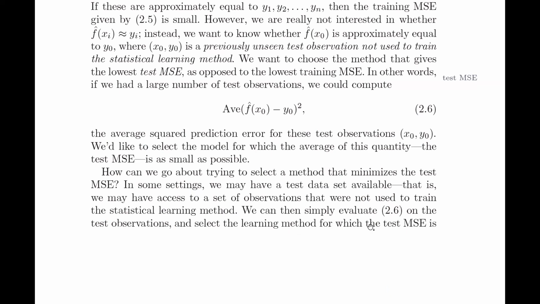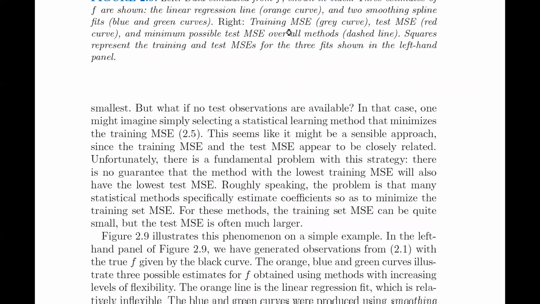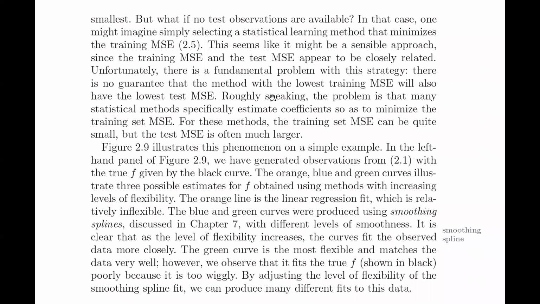We can then simply evaluate 2.6 on the test observations and select the learning method for which the test MSE is smallest, right? So you could try multiple models, and for each model, take the predictions and use those predictions to compare against the out of sample data, and you calculate a test mean squared error for each model.